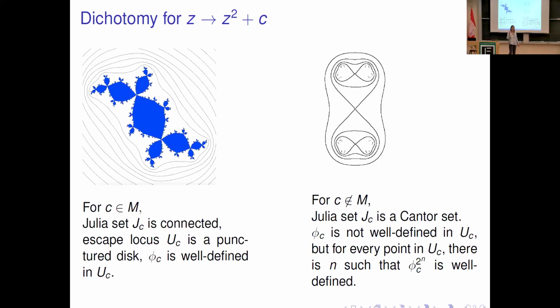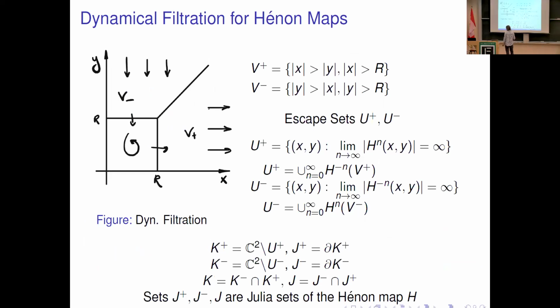So I want to state some known results similar to that for Henon maps, and some questions. Let me remind you of the dynamical filtration for Henon maps. We take R big enough; if some R works, any bigger R works. And for every Henon map, there is an R that provides the dynamical filtration.